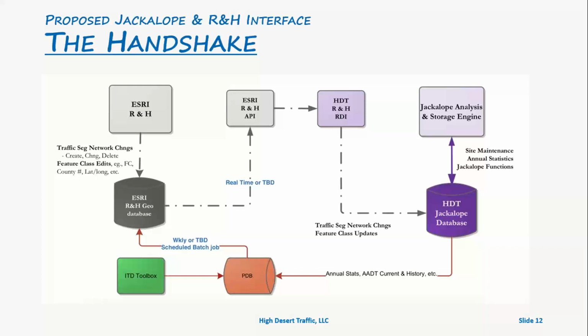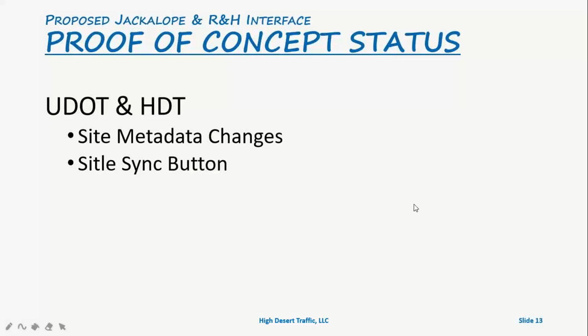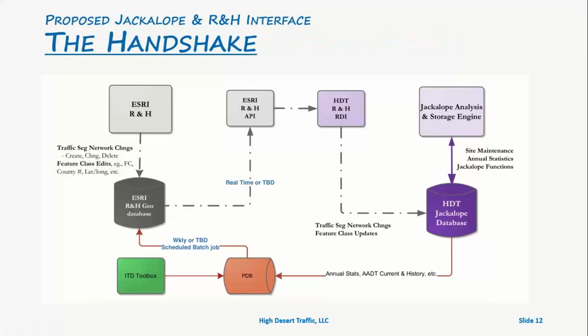And once it's out there, we are going to have various tools that will hopefully make this real time, that will trigger our HDT's RDI, which is the remote database interface, will be notified of these changes and will be able to consume those changes.